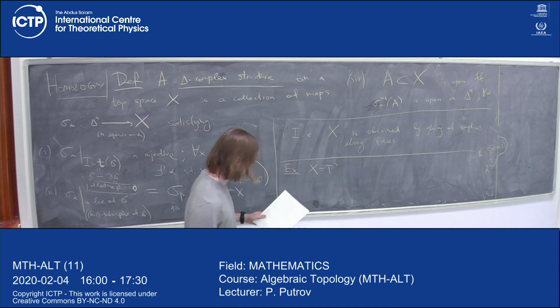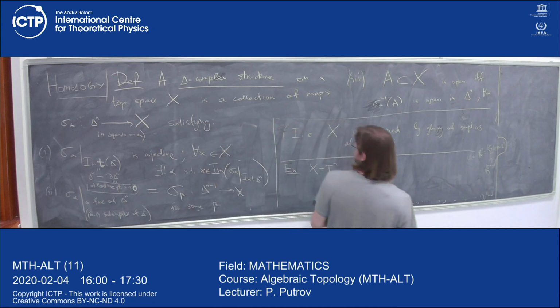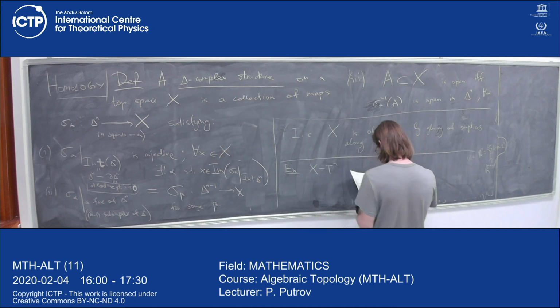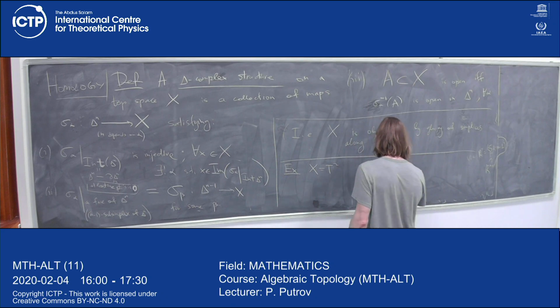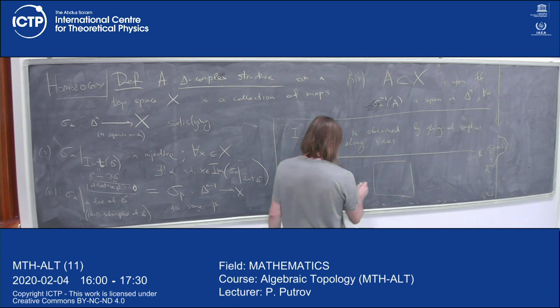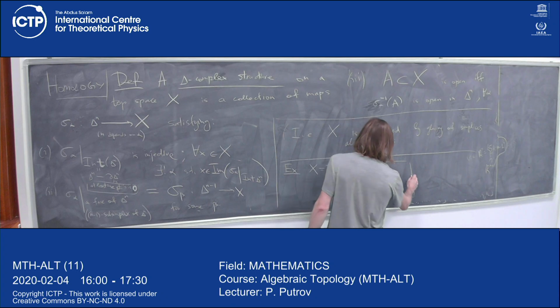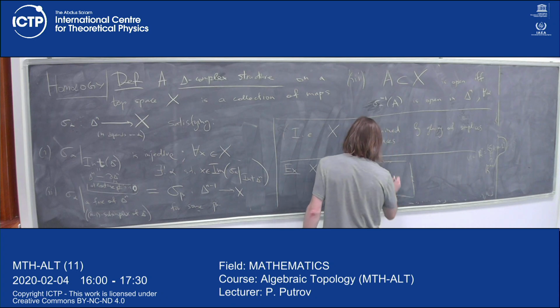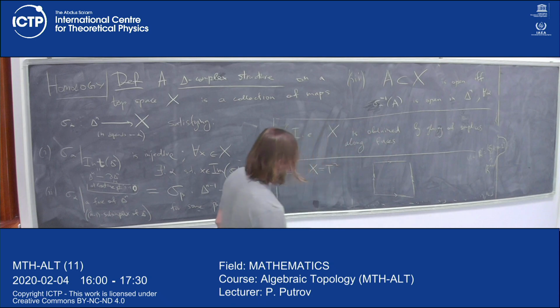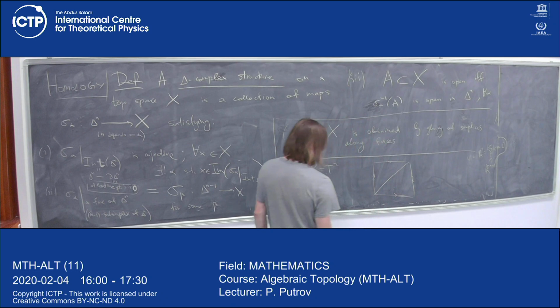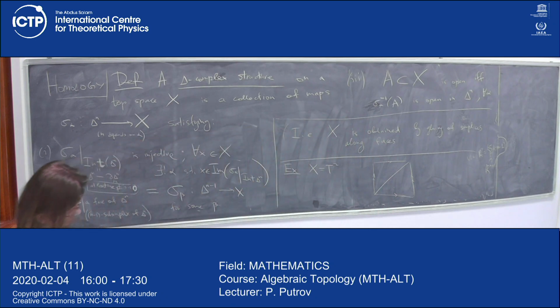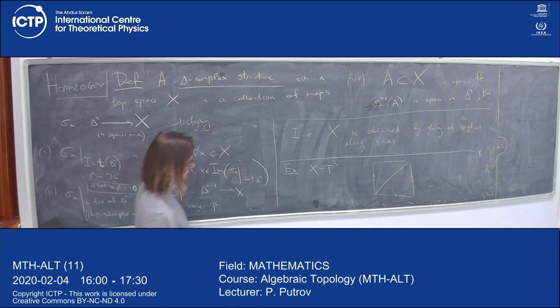Let's look into the following example of the torus. What is an example of a delta complex structure on the torus? We know that the torus can be realized as the quotient of a rectangle by an equivalence relation which identifies opposite edges. We choose a delta complex structure by triangulating this rectangle.